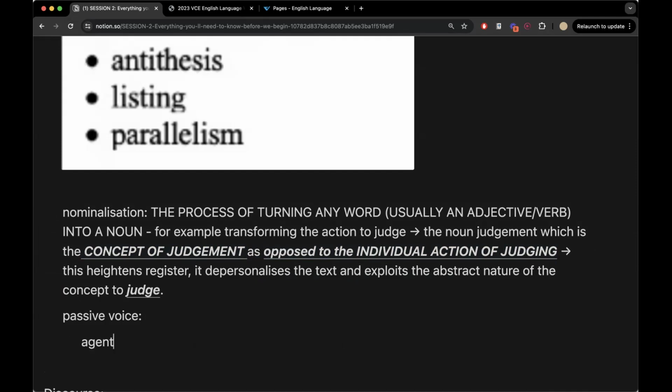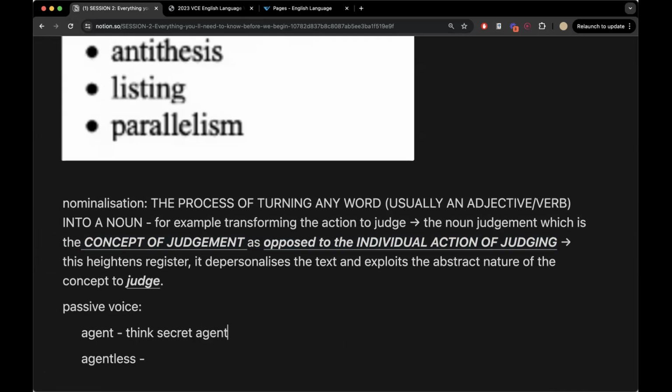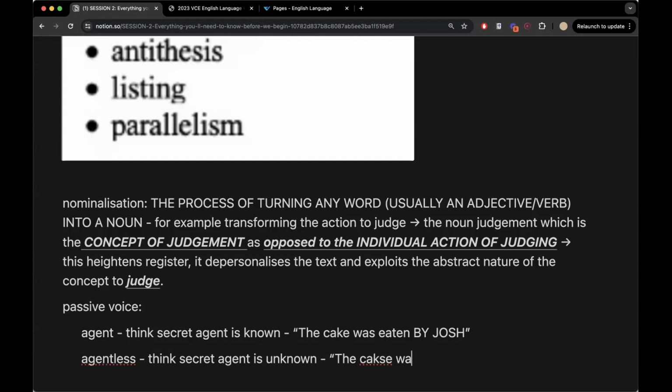You have agent and you have agentless, right? Think secret agent: is it known, or is it unknown? For example, I might have the sentence, the cake was eaten by Josh. But I could also say the cake was eaten, full stop.